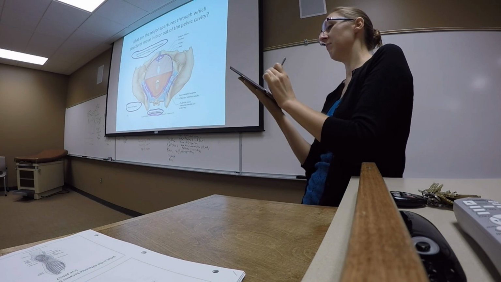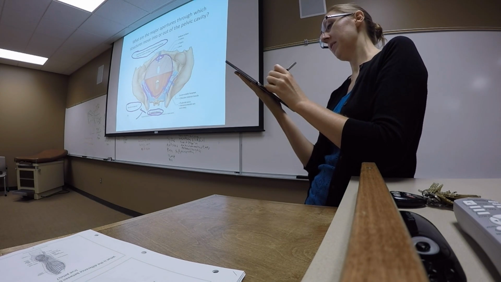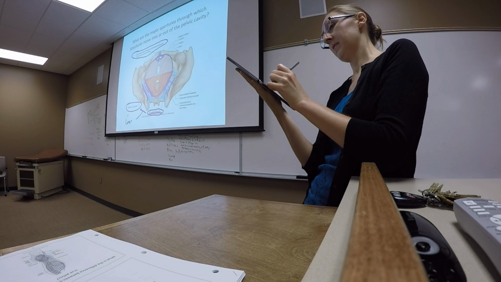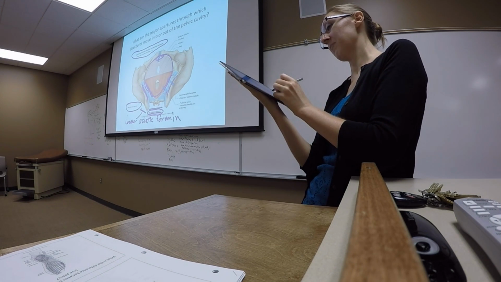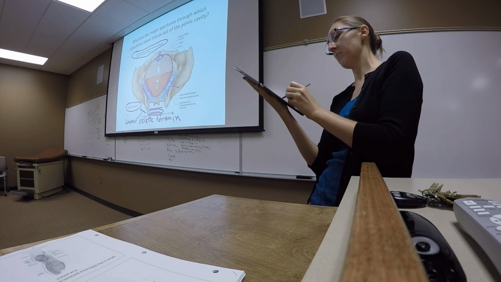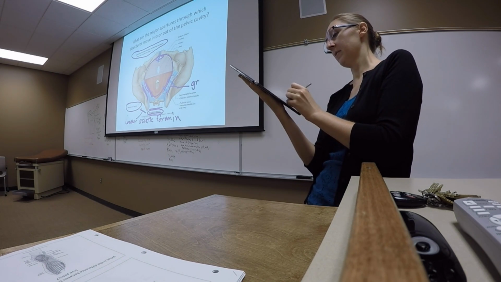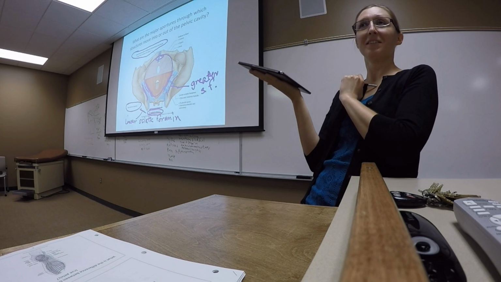And the space between the two ligaments is the lesser sciatic foramen. And then if we cut the sacrospinous ligament, the space between that and the pelvic bone would be the greater sciatic foramen. Does that make sense now? Maybe. Yep.